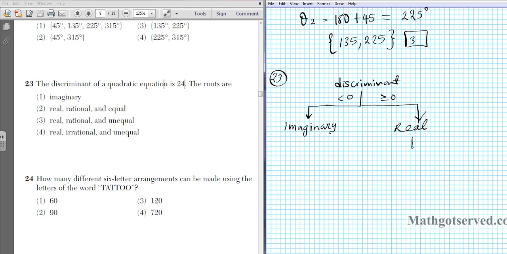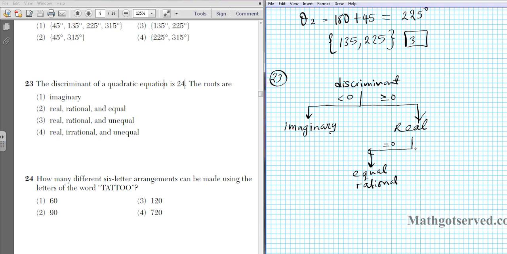If the discriminant is equal to 0, the roots are going to be equal, and they're basically going to be equal and rational. Because the square root component is not there, so they're going to be equal and rational.